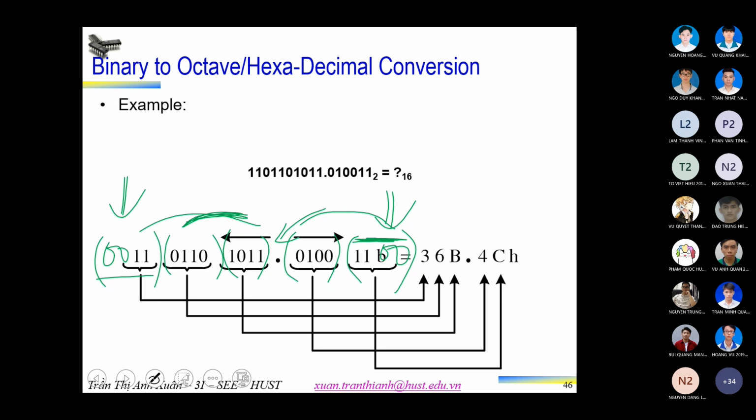This group corresponds to the character C in the hexadecimal number. This group is equal to 4, this group is equal to B, this group is equal to 6, and this group is equal to 3. So that's all for the rules of conversion between binary and hexadecimal numbers.